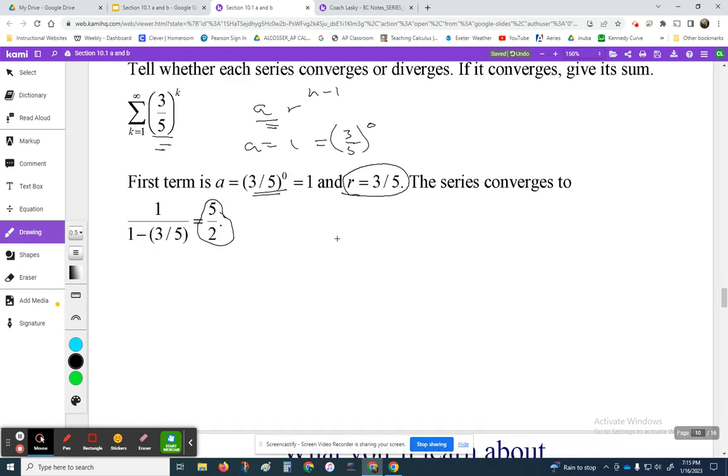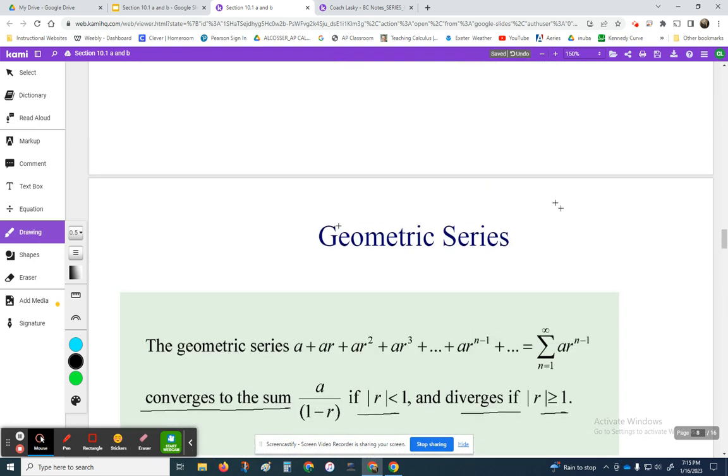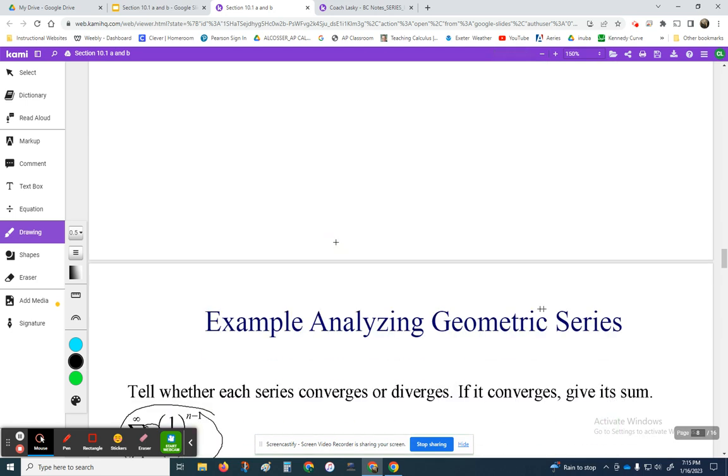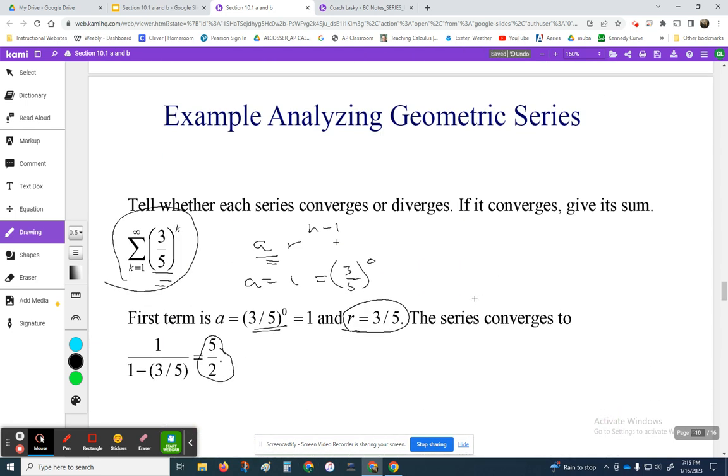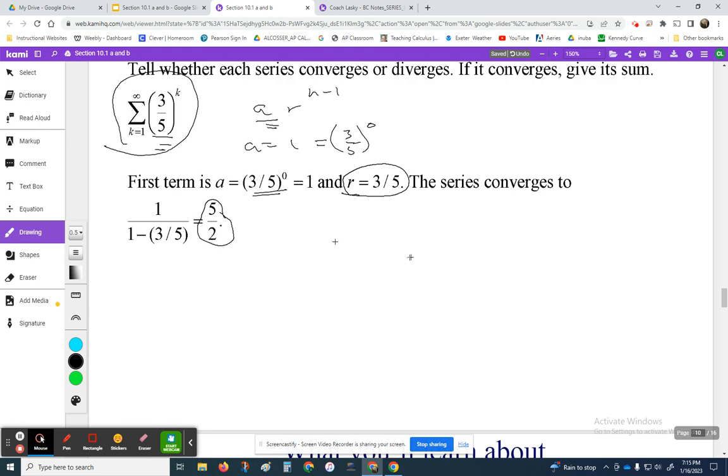So the breakdown here is this. We're dealing with geometric series that look like this, geometric series that look like this right here. So we are dealing with the sum of n equals 1 as it goes to infinity.